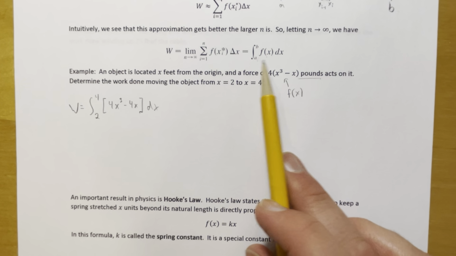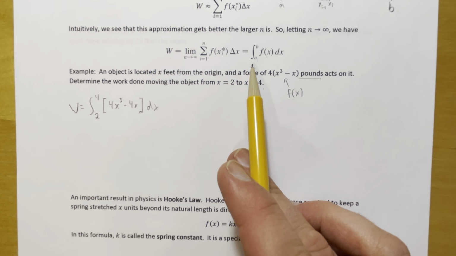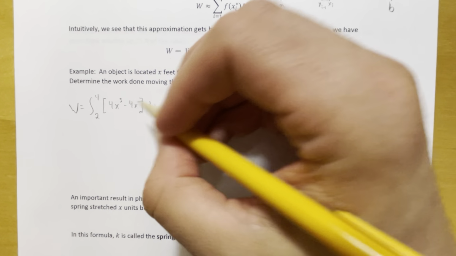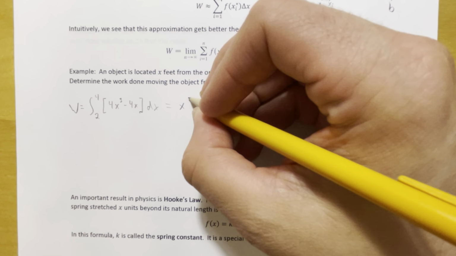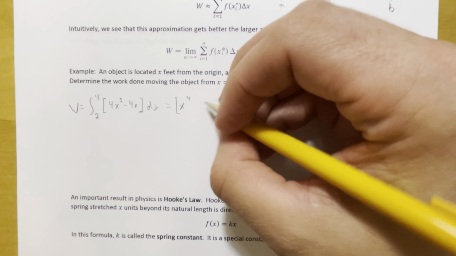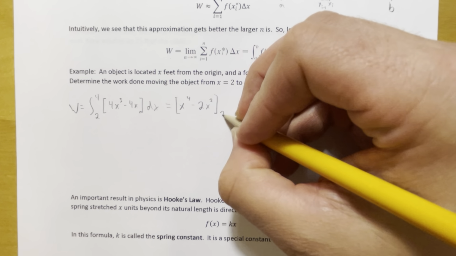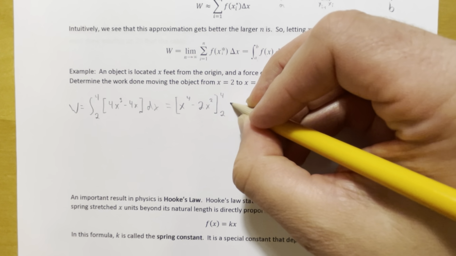Okay, so all I did is I used our formulation here, or our work integral, directly. And now it's just a matter of computing it. This is a simple integral to work out. I'm going to get x to the 4th minus 2x squared from 2 to 4.